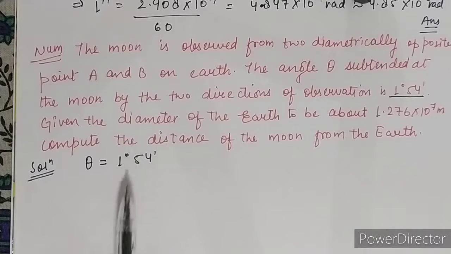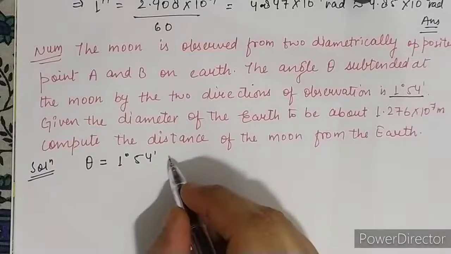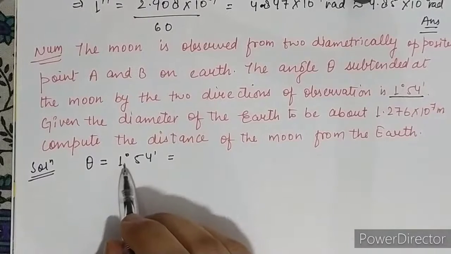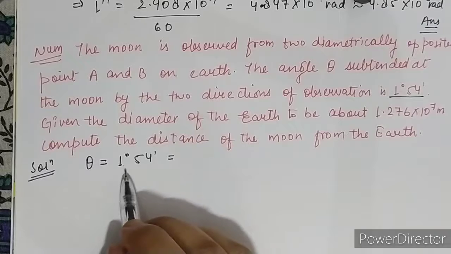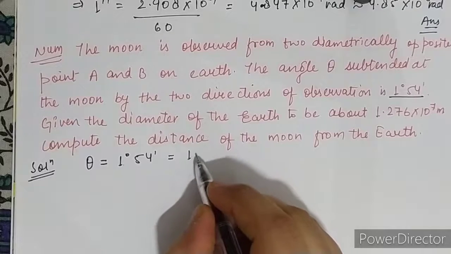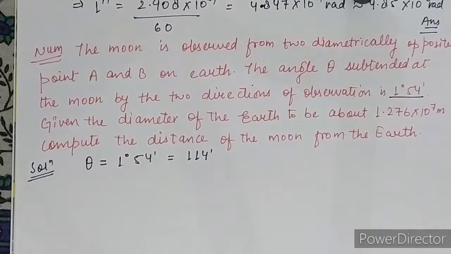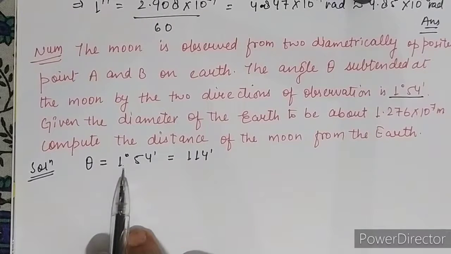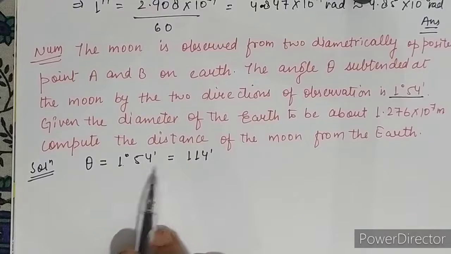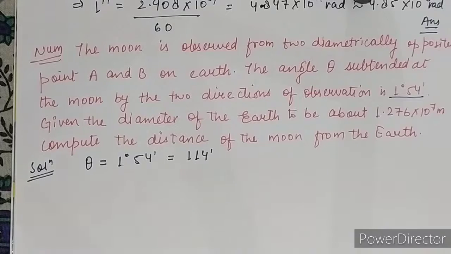We know from the previous question that in 1 degree there are 60 minutes, and adding the 54 minutes, 60 plus 54, it becomes 114 minutes.